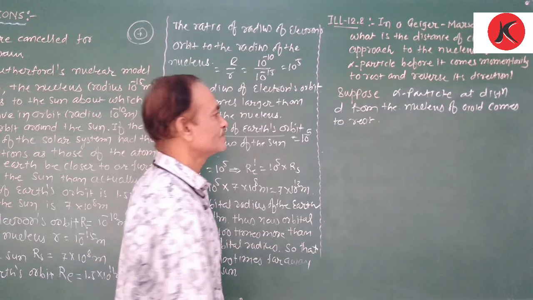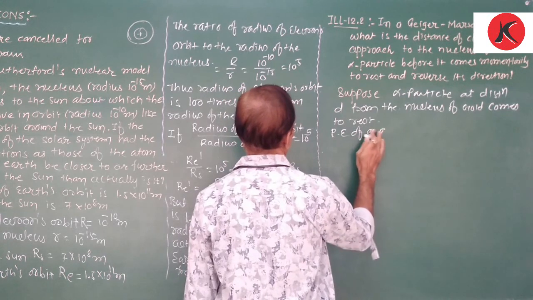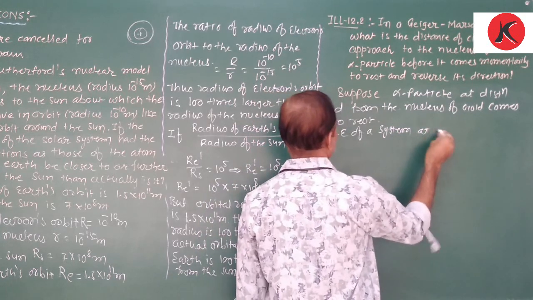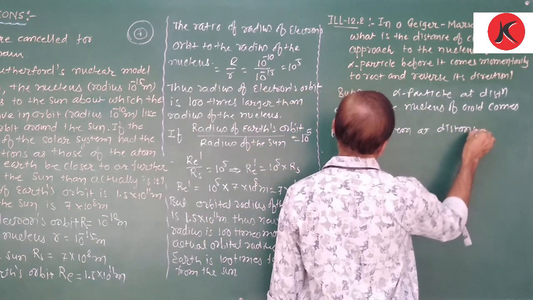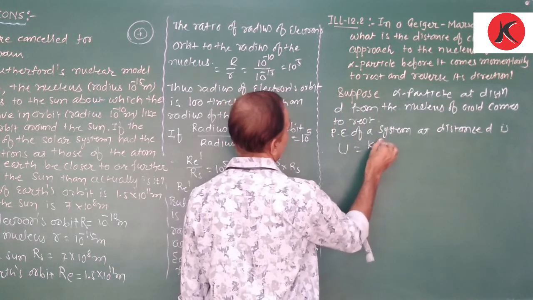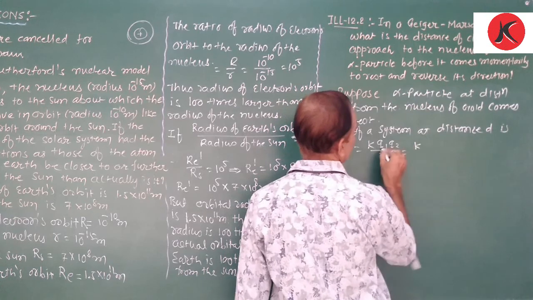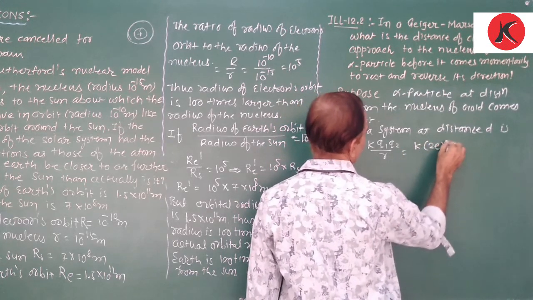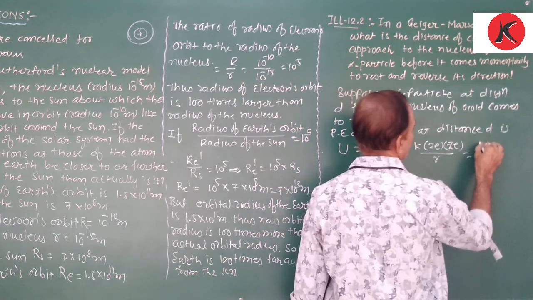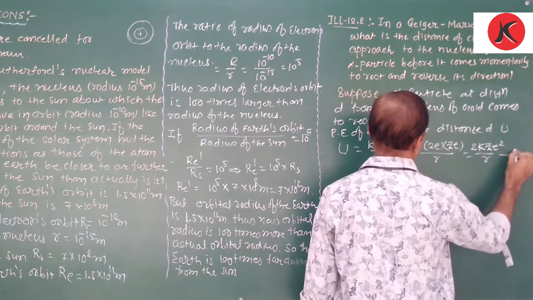The potential energy of the system at distance d is U = k q1 q2 / r = k times the charge of the alpha particle 2e times the charge of the nucleus of the gold Ze, upon r. Therefore, U = 2kZe² / r. That is equation 1.